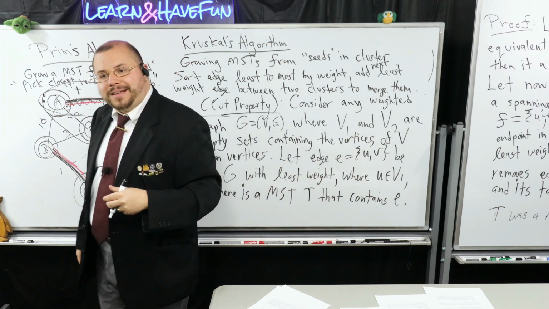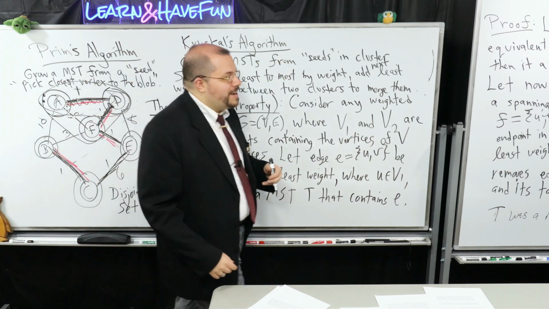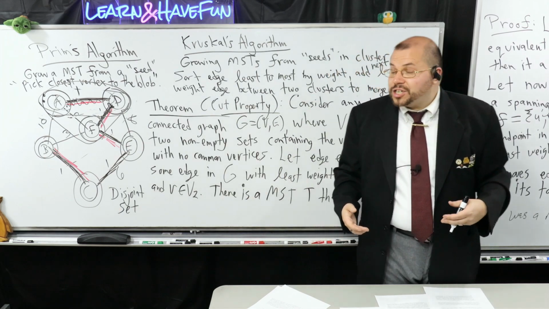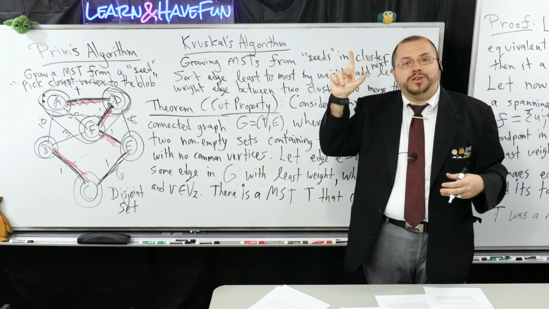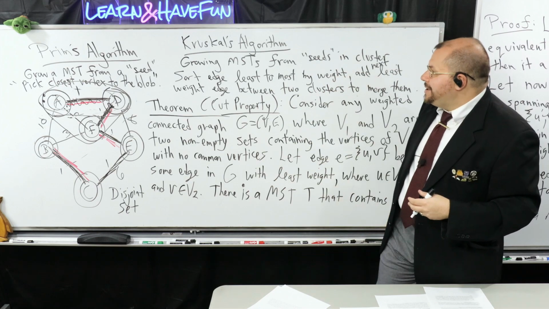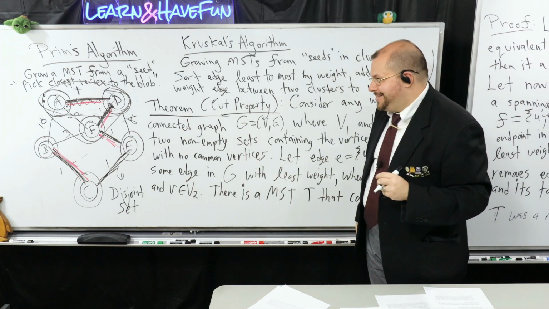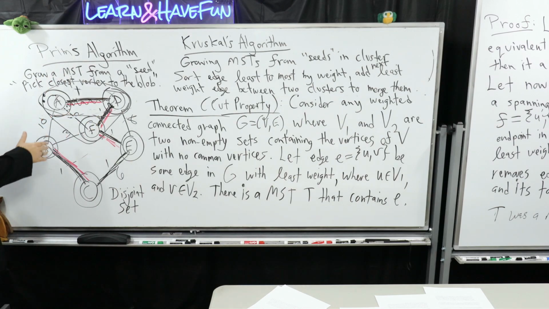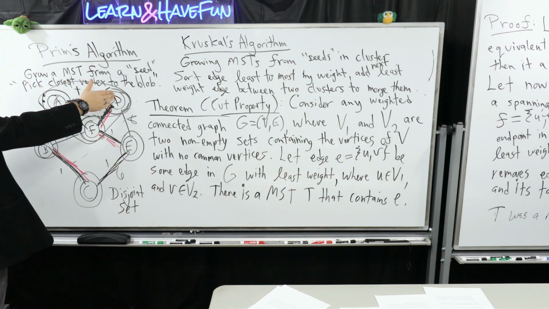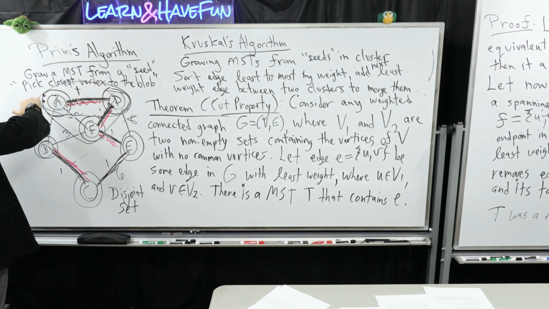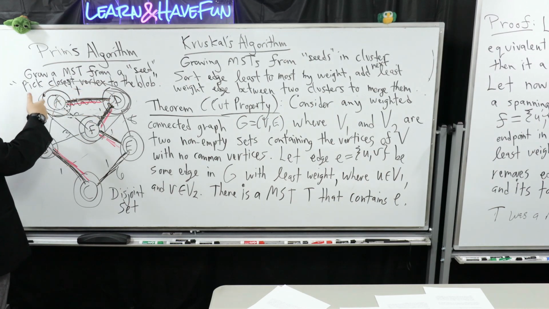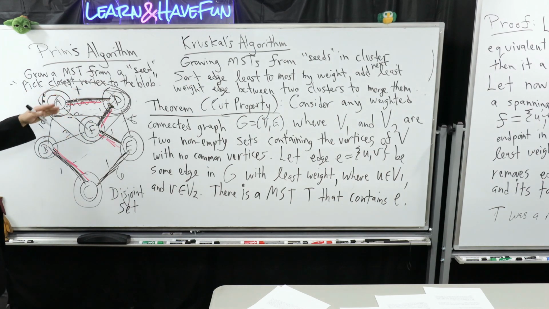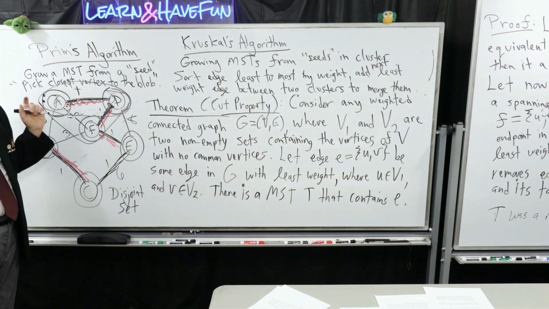Now, you might ask, Dan, how do you know it's a minimum spanning tree? You can prove this with mathematical induction, but the key ingredient is how you pick the cut. So the cut is a little bit more subtle here. Notice that when I picked and merged these two clusters into one and picked this edge, I did that because I had least weight and there were two separate clusters, right?